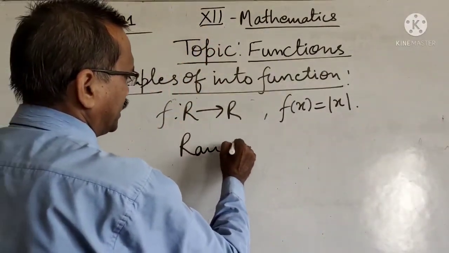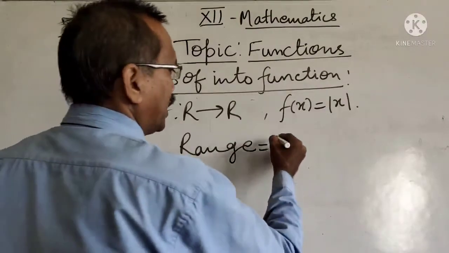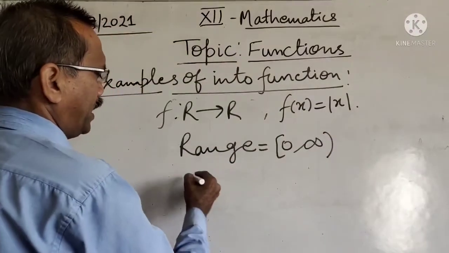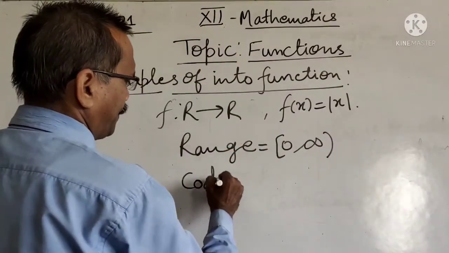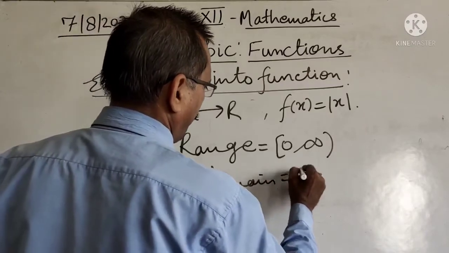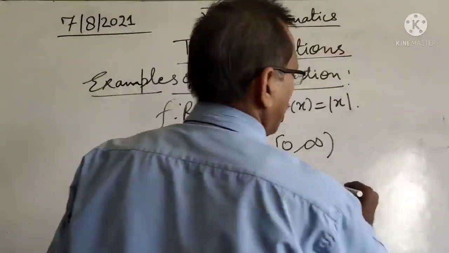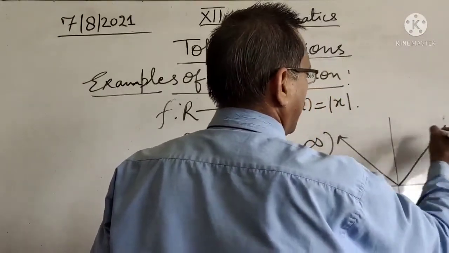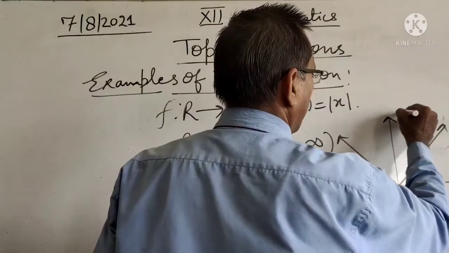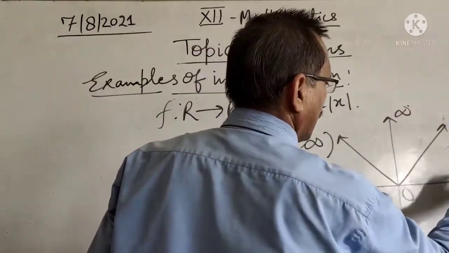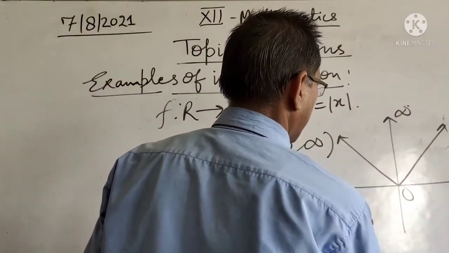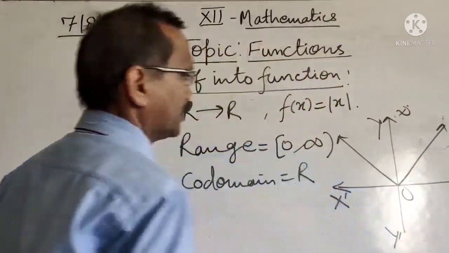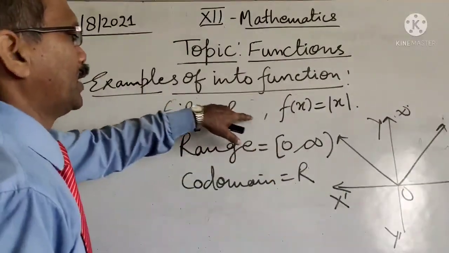Here range is closed interval 0 to infinity and codomain is R. So this function is an into function.